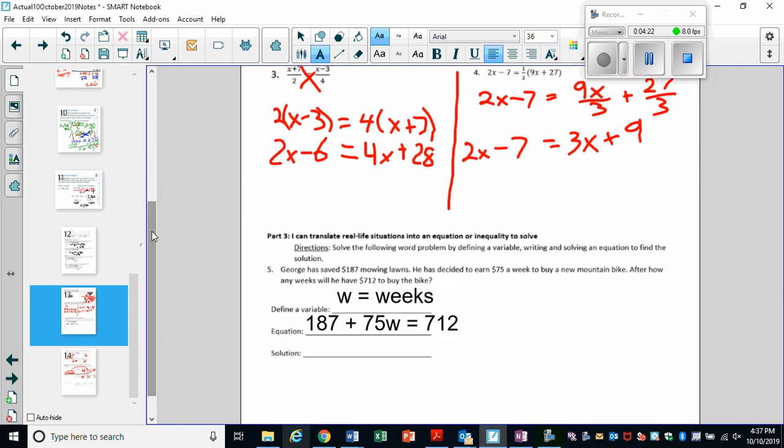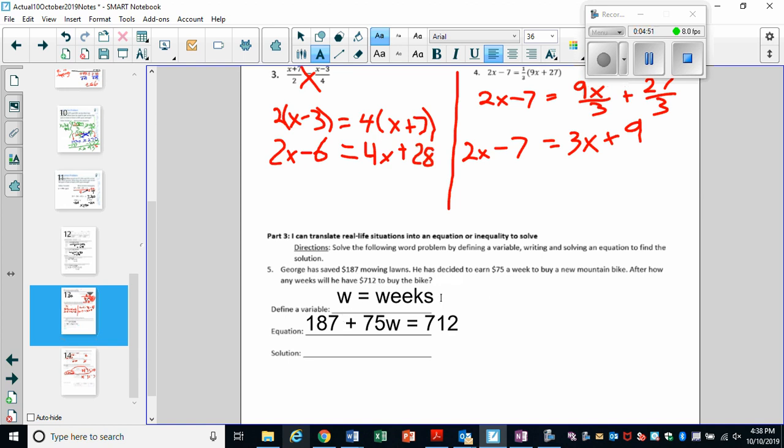Number 5, George saved $187. He wants to earn $75 a week to get a bike. So after how many weeks? Actually, not after how many, it's how many weeks before he'll have the $712.